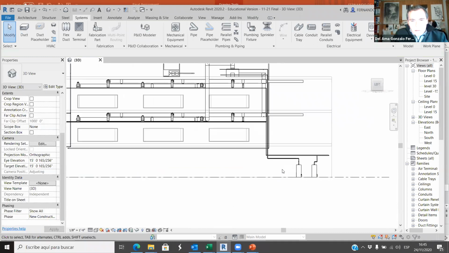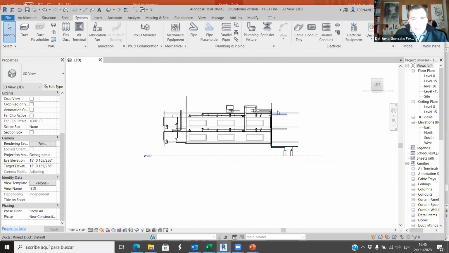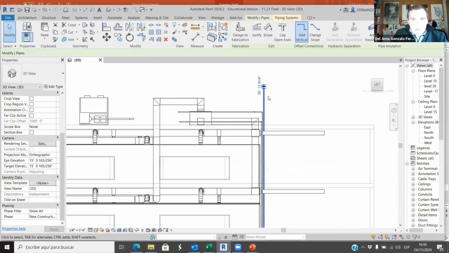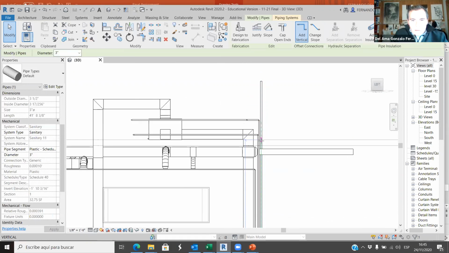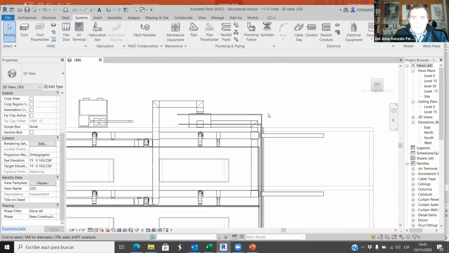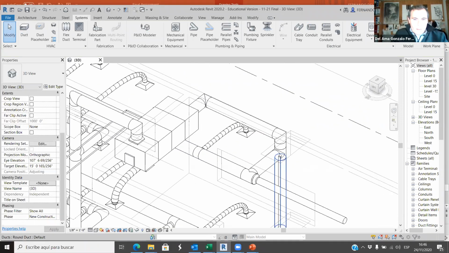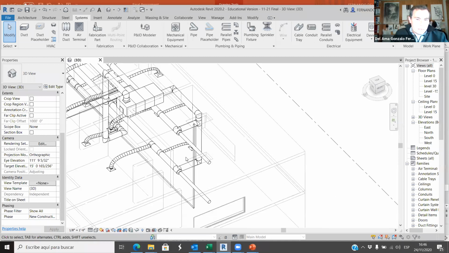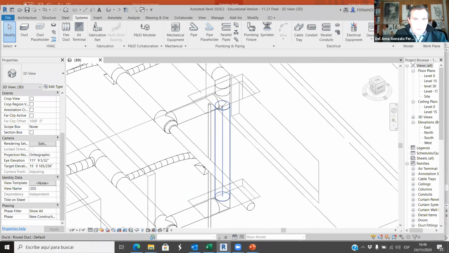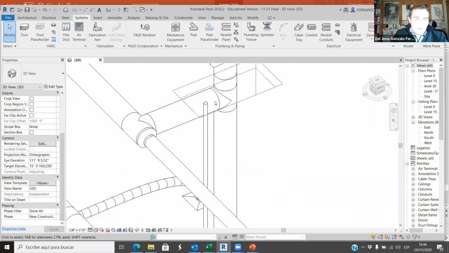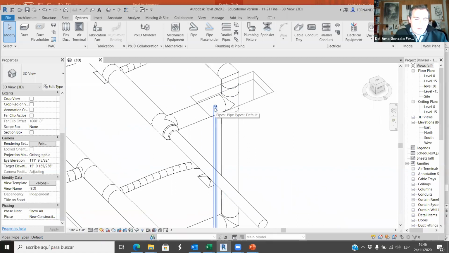Is it? Yeah. So this is a construction detail. I'm not talking about this because this is about construction, but we know that through this shaft there will be a pipe.